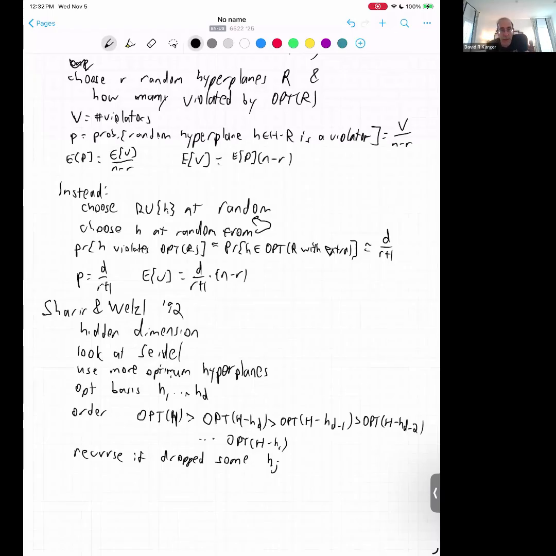Now, that means that we found the optimum of H minus H sub j. Now, what I claim very conveniently is that H1 is in the basis that we found when we discarded H sub j.